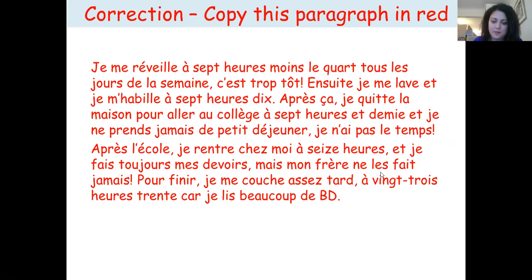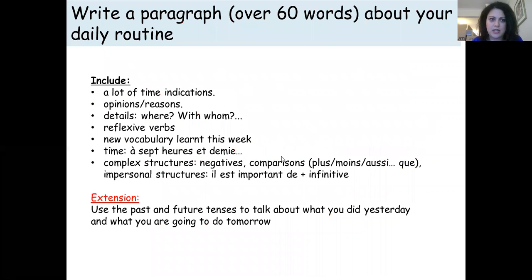Okay? Right. After you've done this, you can move on to the next bit, which is to write a paragraph over 60 words about your daily routine. So I would like you to use a lot of time indications. Okay, so at what time?